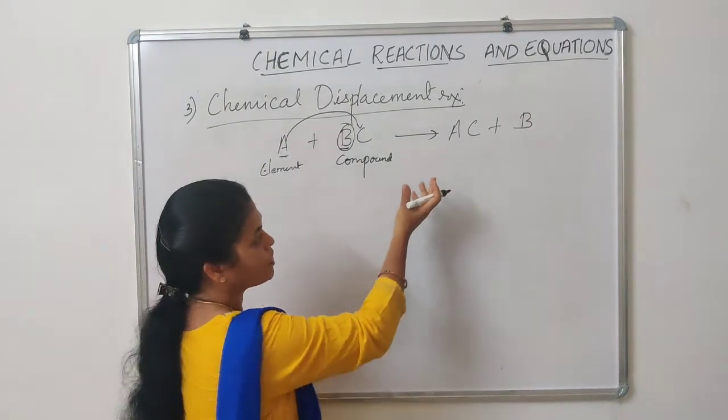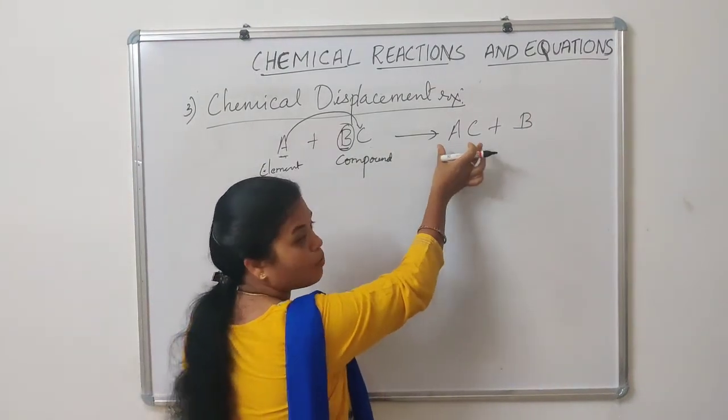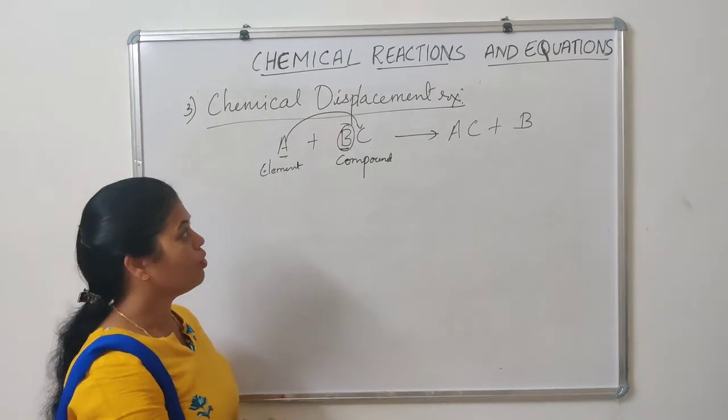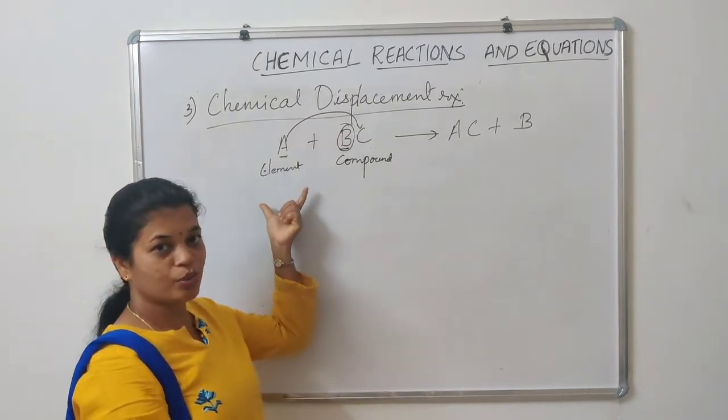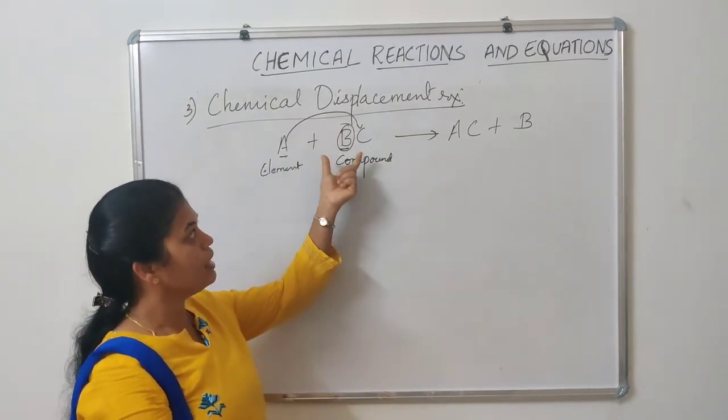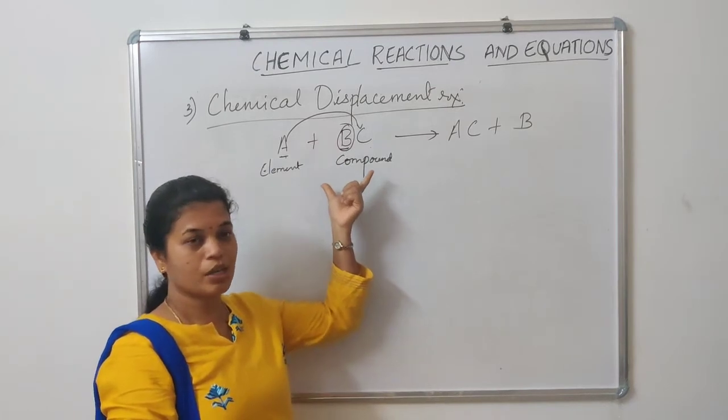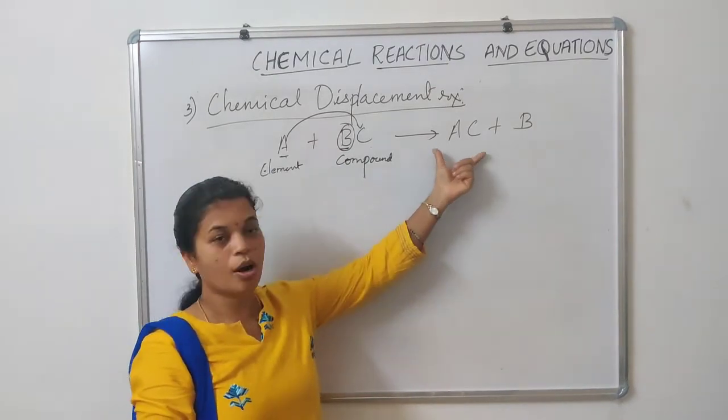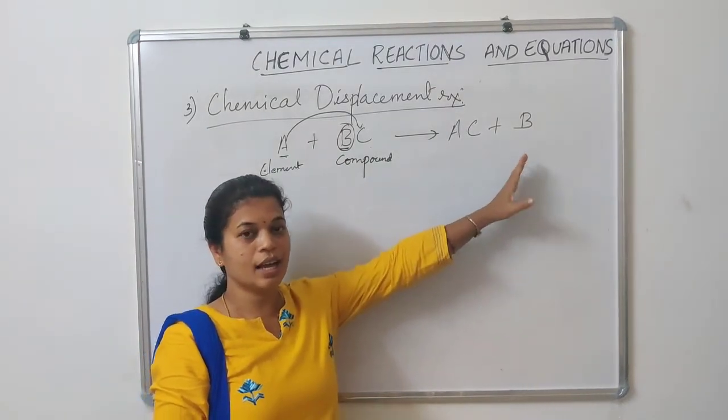So here you can see that a new compound is formed. One highly reactive element displaces the least reactive element of a compound. So we get a new compound AC and the B gets isolated.